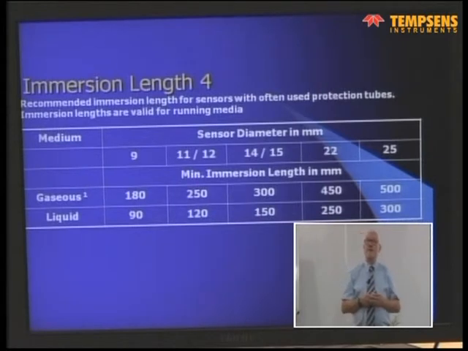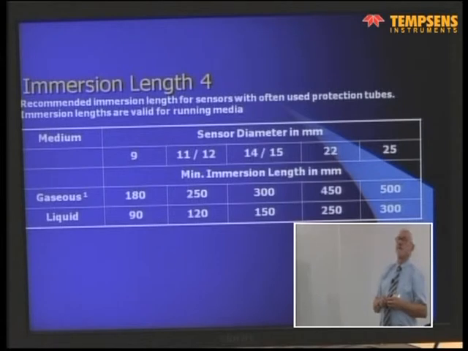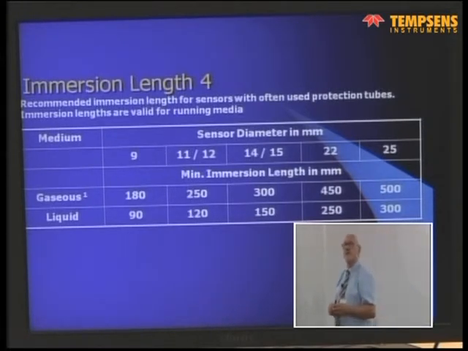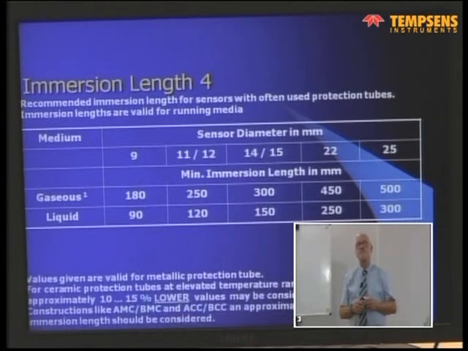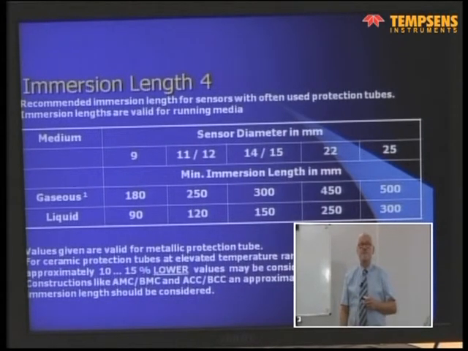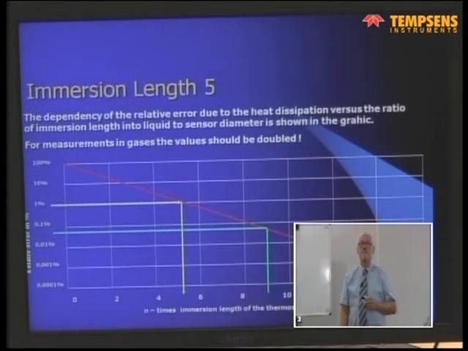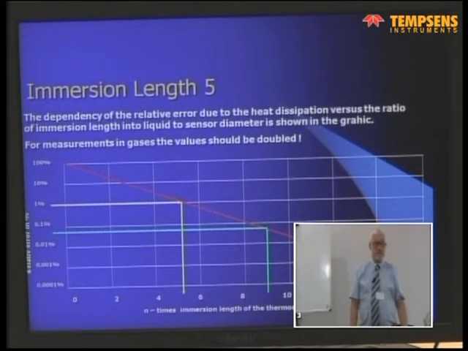Okay. You see, for atmospheric furnaces with a 22 millimeter protection tube, the minimum recommended immersion length is 450 millimeters.